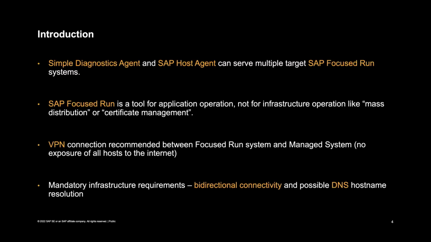And those host names, which are resolved by the DNS servers, must be resolvable to an IP address, and they must be reachable in the necessary boundaries. And we are using communication in both directions, from Focused Run to the managed components, and also from the managed components to Focused Run. So it's not enough to have just established a unidirectional connectivity. You always need connectivity in both directions.